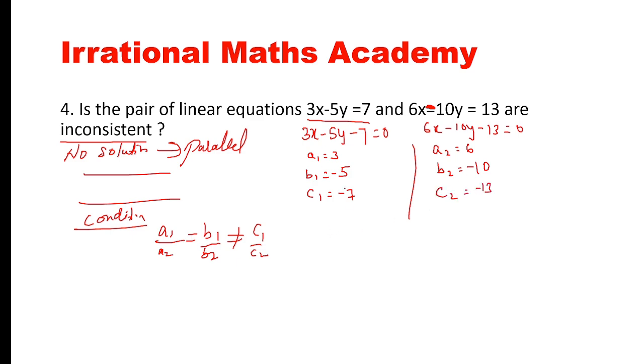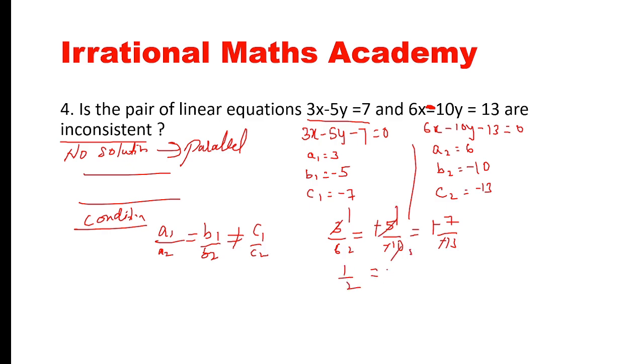Let us check here. A1 by A2, 3 by 6; B1 by B2, minus 5 by minus 10; and minus 7 by minus 30. Minus minus gets cancelled. 3 ones are 3, 3 twos are 6, so 1 by 2. Here also 5 ones are 5, 5 twos are 10.